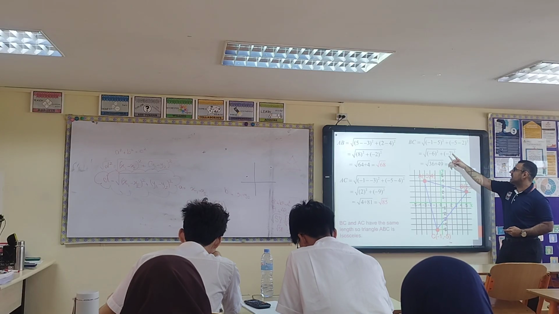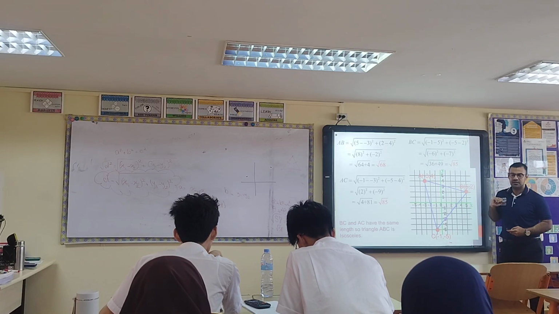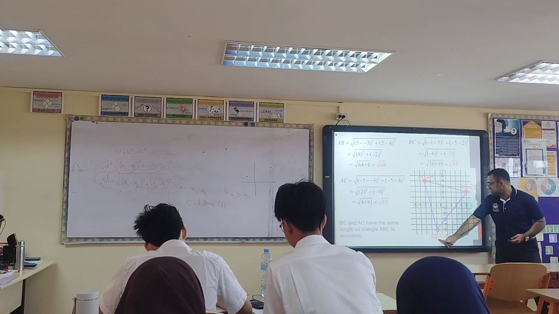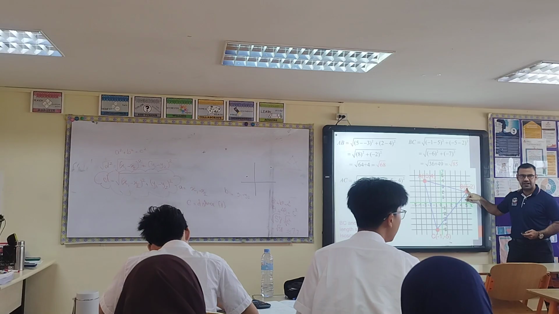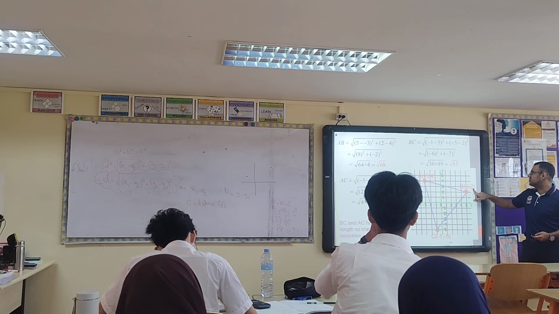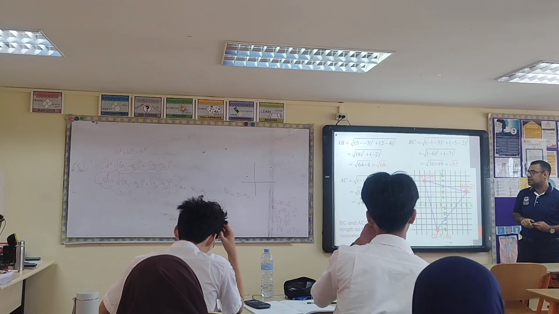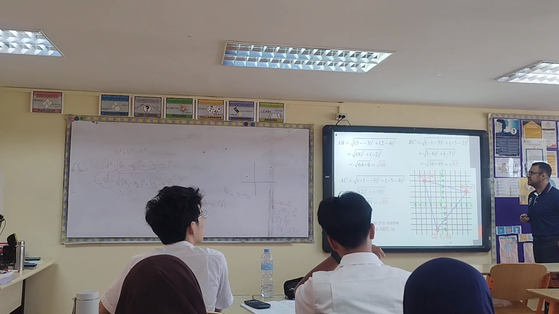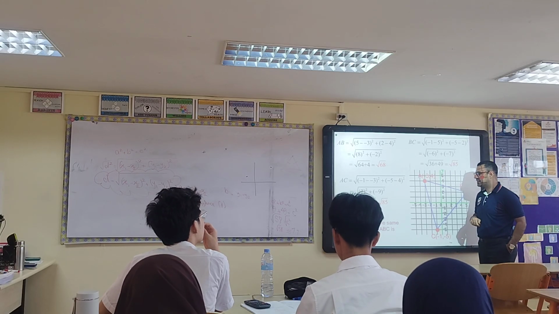Next one, I do BC. Again, B and C. So negative 1 minus 5, and then negative 5 minus 2. And then I'll get negative 6 squared plus negative 7 squared, which is root 85.